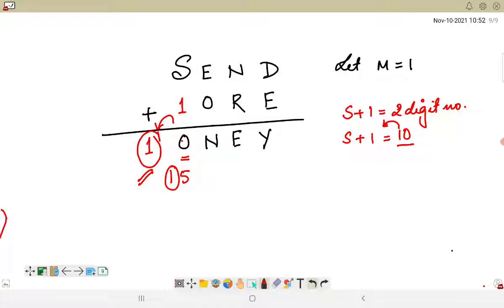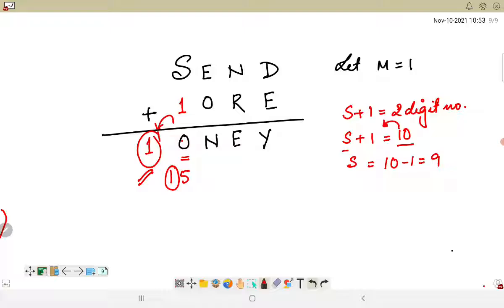Since we do not have any value for S as of now, we can easily replace S with the value which is generating the 2-digit number. So what will be the S value? S is equal to 10 minus 1, which is 9.